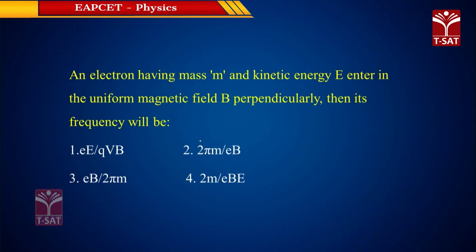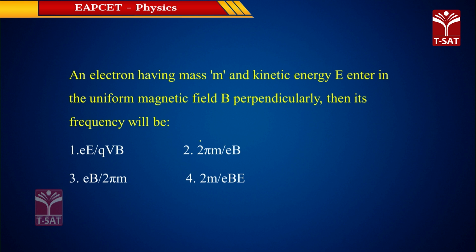Okay. Next question. An electron having mass m and kinetic energy E enters the uniform magnetic field B perpendicularly, then its frequency will be. Here the frequency is, what is that?